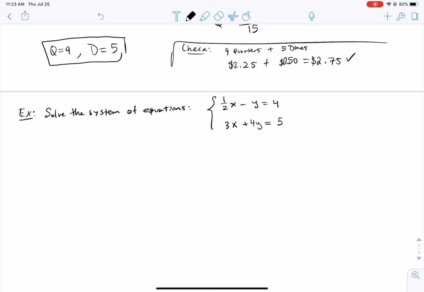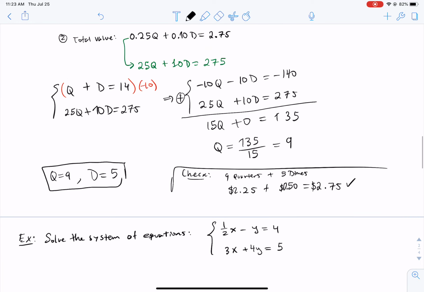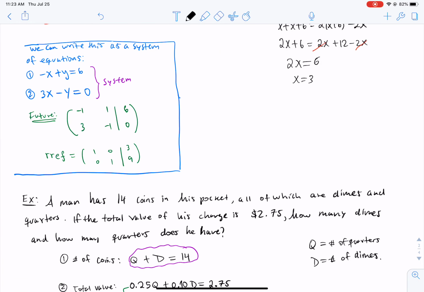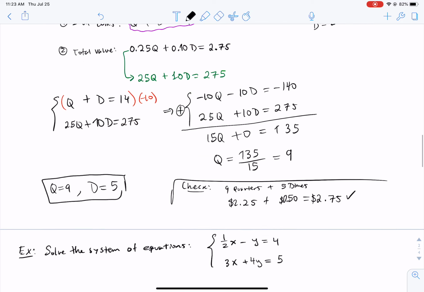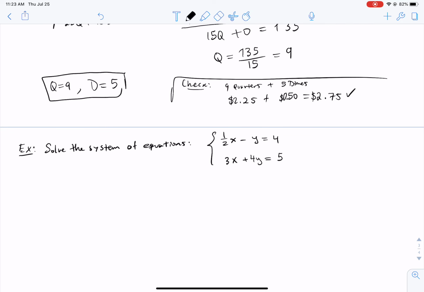It turns out that when we study systems, if you express them as matrices later on, it will be really easy to tell from the very beginning whether you have no solution, infinitely many solutions, or one unique solution. In mathematics, we have very nice words for that.